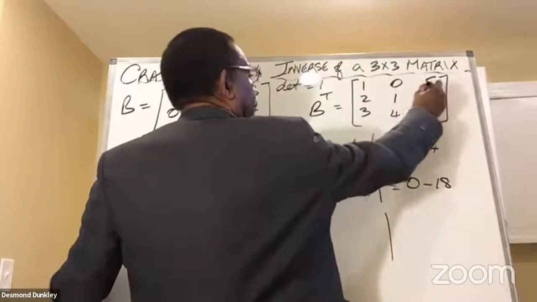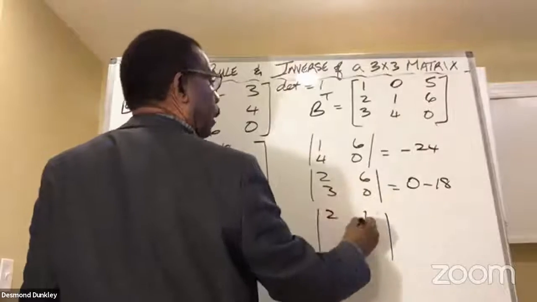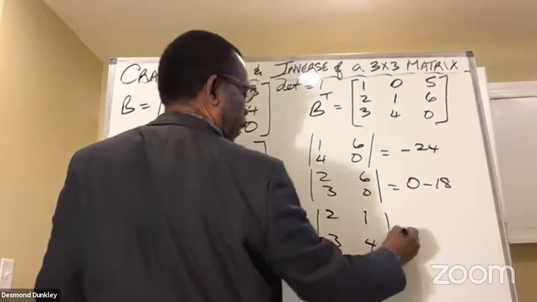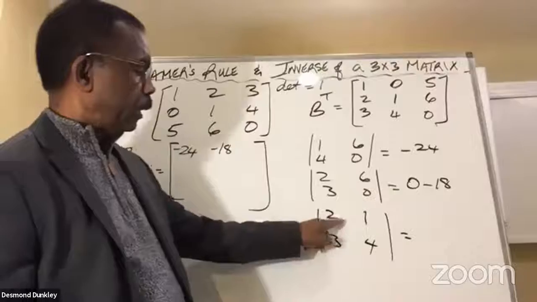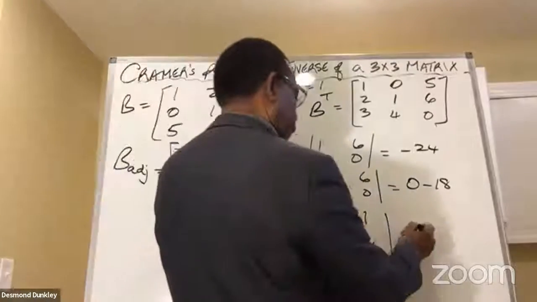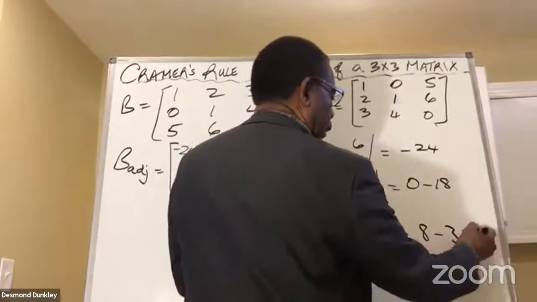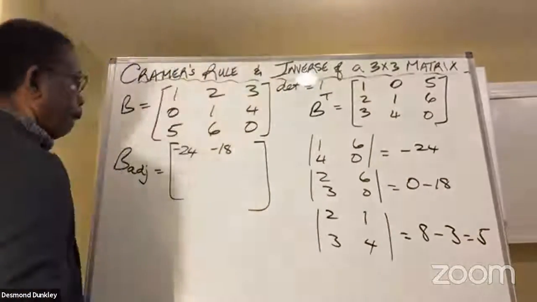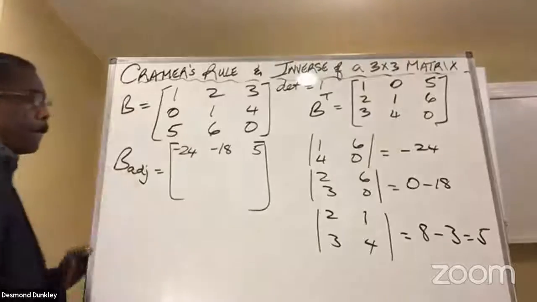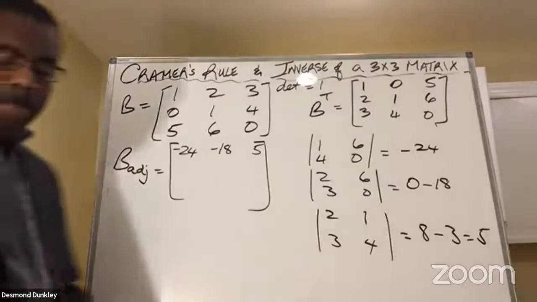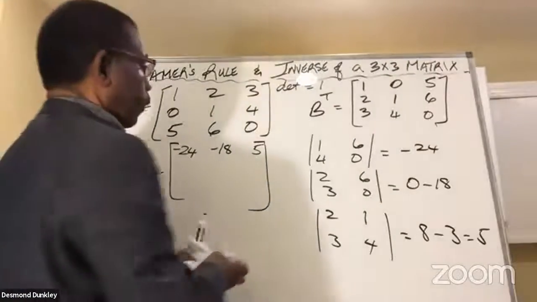Let's go to the last one in the first row. This cancels that, so we end up with 2, 1, 3, 4. So we end up with 2 times 4 is 8, minus 3 times 1 is 3. That's equal to 5. So now we finished with the first row, let's go to the second row.